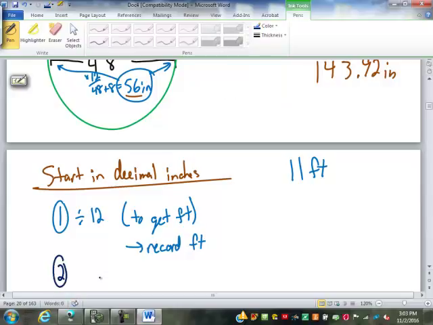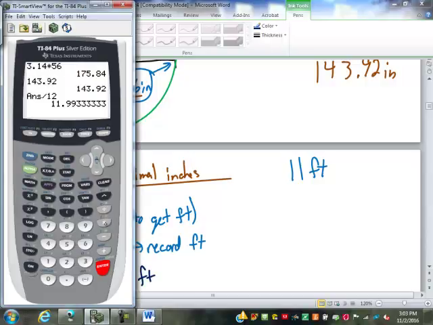Next thing I'm going to do is account for the fact that I got the 11 whole feet. So I'm going to subtract the whole feet. I wrote down the 11, so now I'm going to subtract the 11. That gets it back into the leftover pieces of the foot.